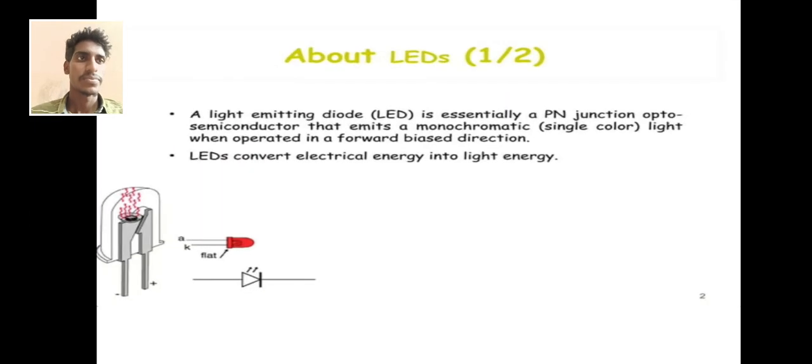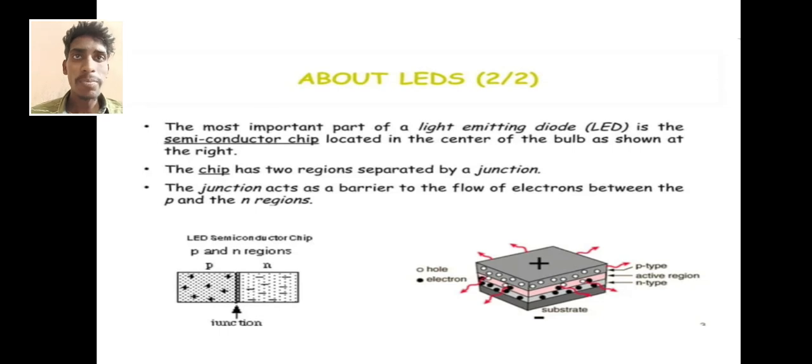The most important part of the LED is the semiconductor chip located in the center of the bulb, as shown at the right. See here, the chip has two regions separated by a junction.